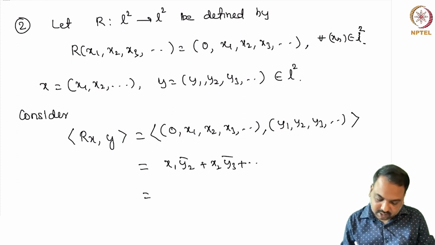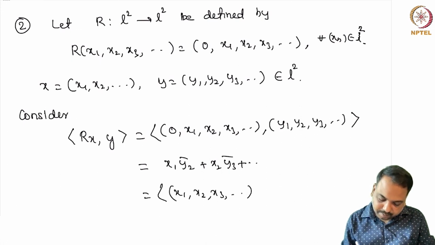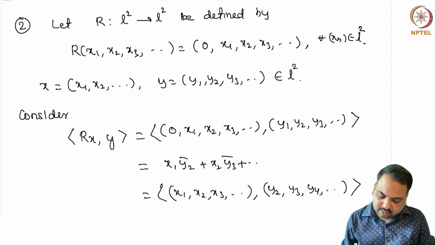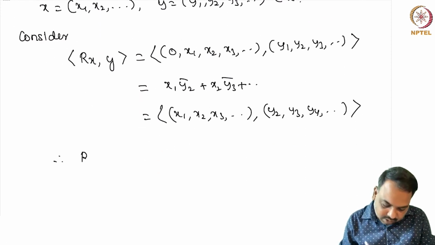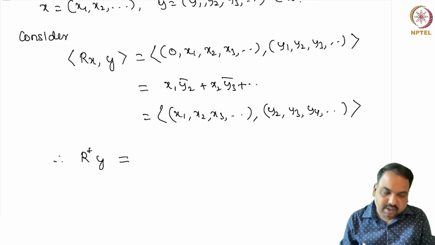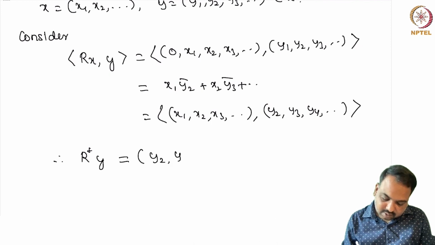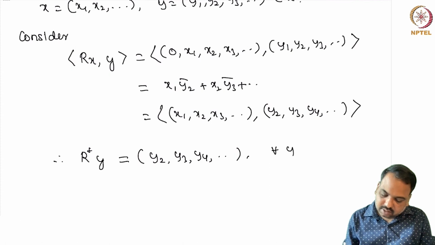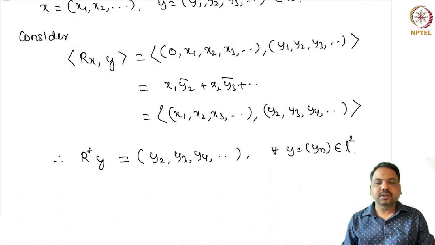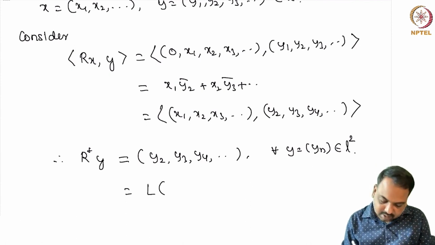So we can write this as the inner product of (x1, x2, x3, and so on) with (y2, y3, y4, and so on). So we can conclude that R star of y, where y is (y1, y2, y3, and so on), we can write as (y2, y3, y4, and so on). So this is exactly the left shift operator, L.